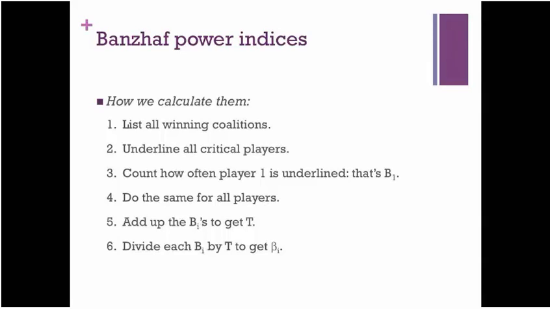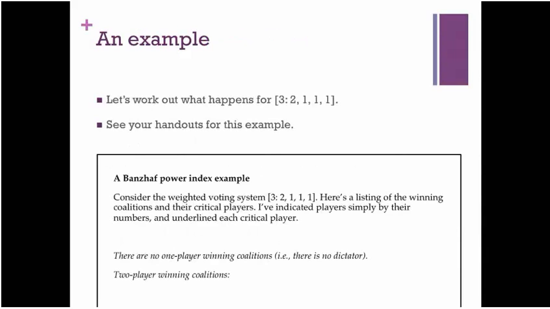For example, count how often player 1 has been underlined, and that's B1. Count how often player 2 has been underlined, that's B2, and so on. Do this for all the players. Now add up all these BI's, B1 plus B2, and so on, to get T. Finally, divide each BI by T to get beta I. So that's how the calculation goes.